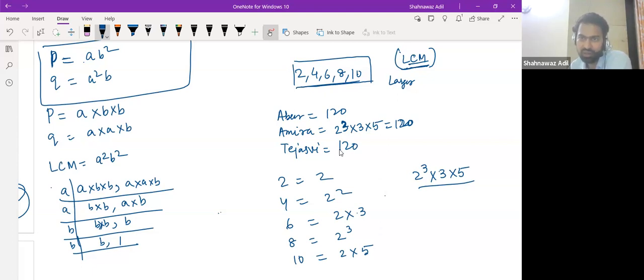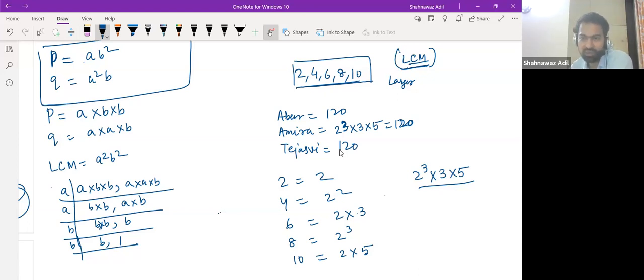Sir, I have a doubt. In problem solving, how do we know whether we have to find the HCF or the LCM in a word problem? Whenever you want to calculate the smaller number or the larger number, that is the basic idea.